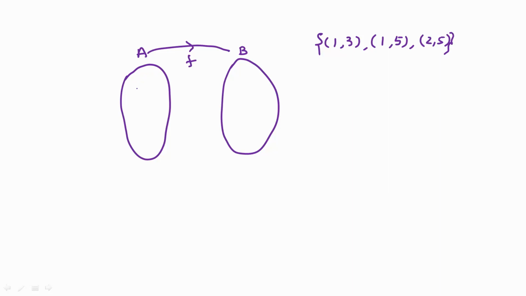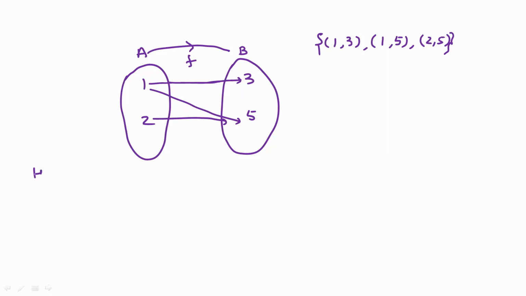So set A has the elements 1, 2 and set B has the elements 3 and 5. 1 connects with 3, 1 connects with 5, 2 connects with 5.